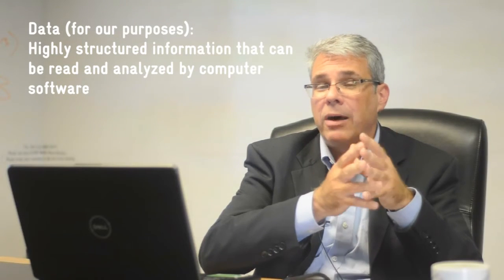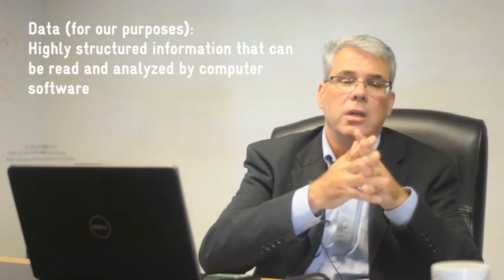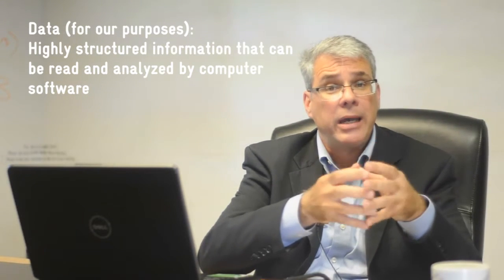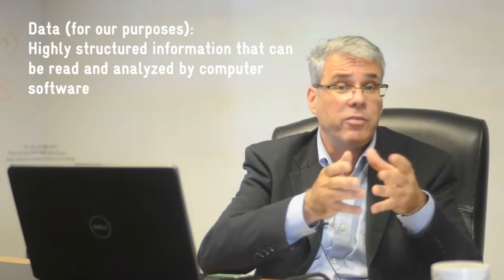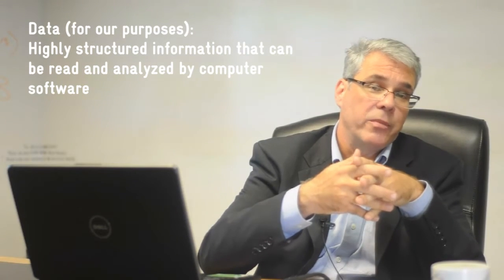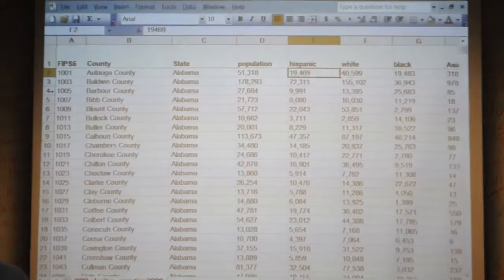And when we talk about data, what we're talking about is information that's highly structured, that follows a known structure, and that can be read by software, computer software like a spreadsheet program, a database program, or statistical software. For example, here's a simple spreadsheet.